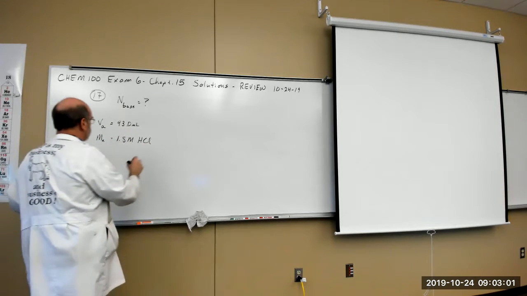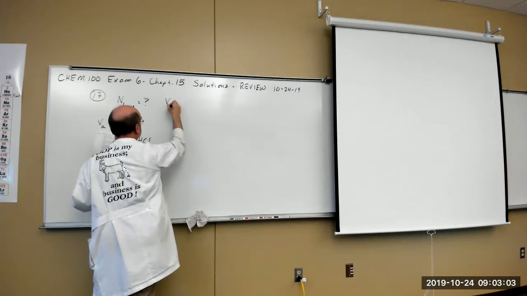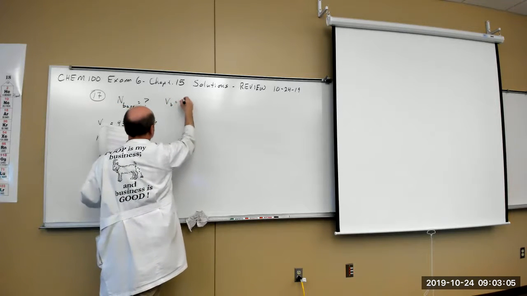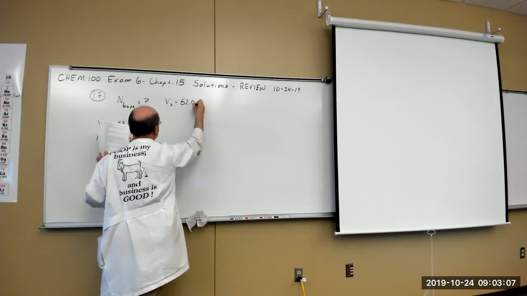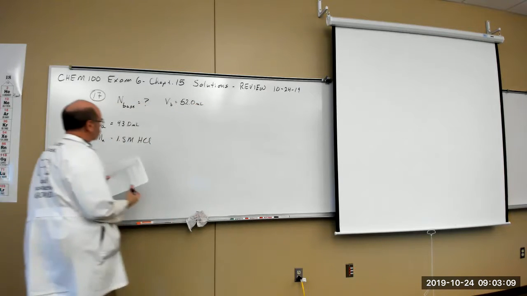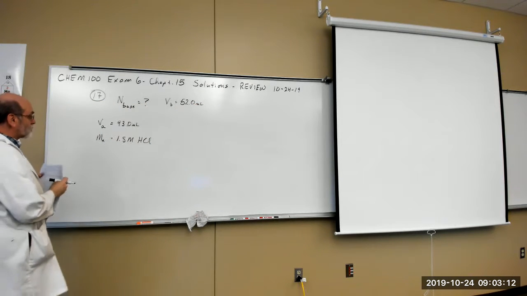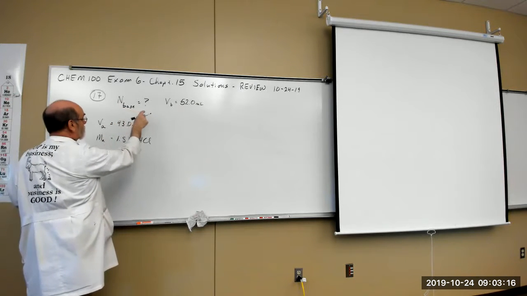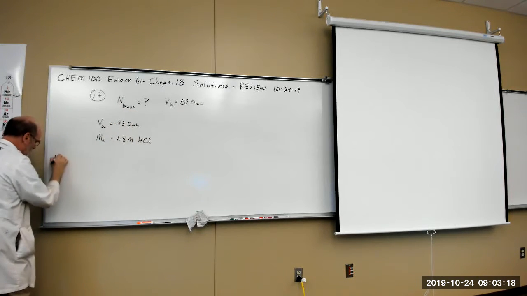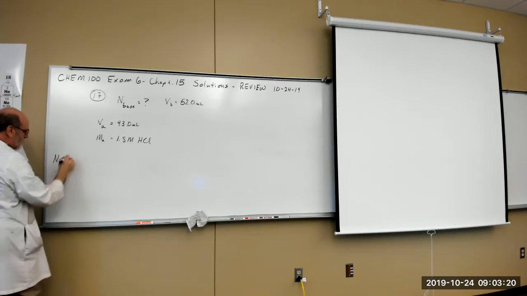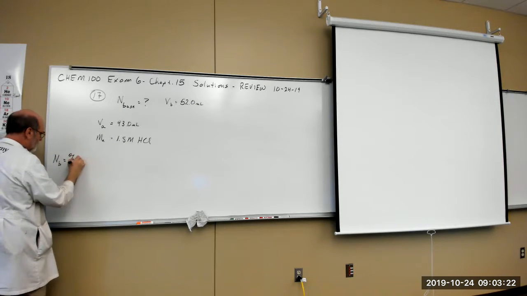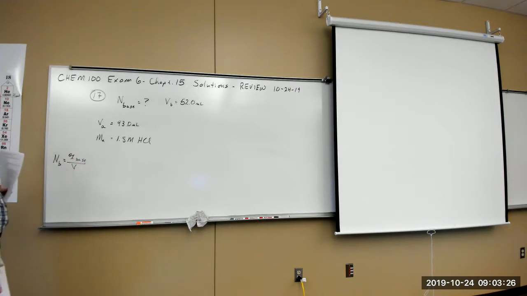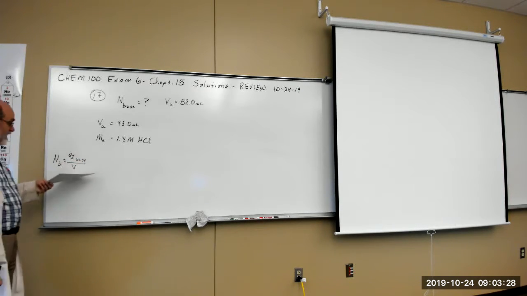And we have a volume of base of 52.0 milliliters. Okay. So the normality of the base is going to be in terms of equivalents of base per volume, and volume in liters, actually.